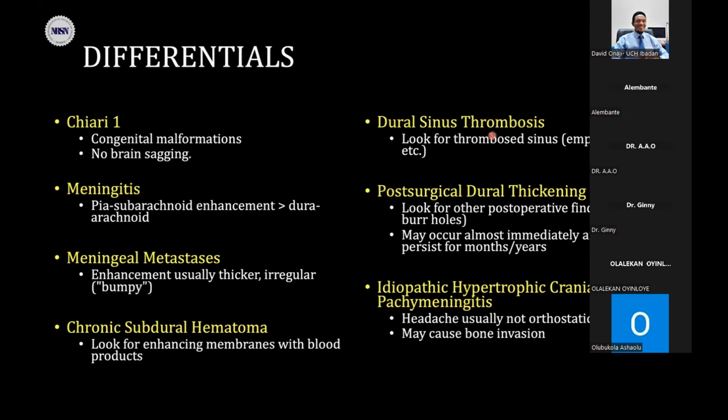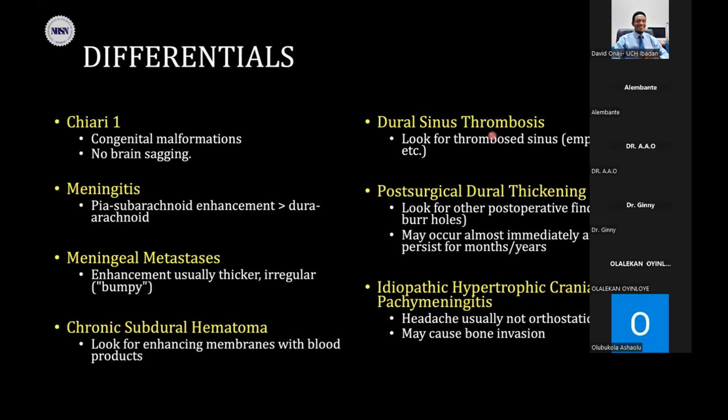In keeping with the Monro-Kellie principle, as these veins get distended, there's going to be stasis within these veins, and they can lead to venous thrombosis. So in patients where you see thrombosis, you also have to look for other features of SIH.